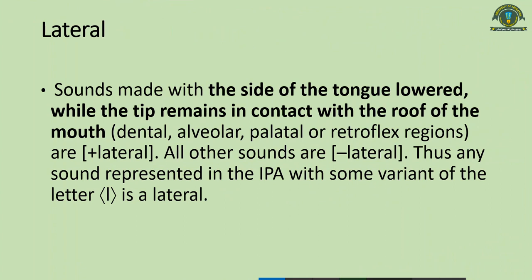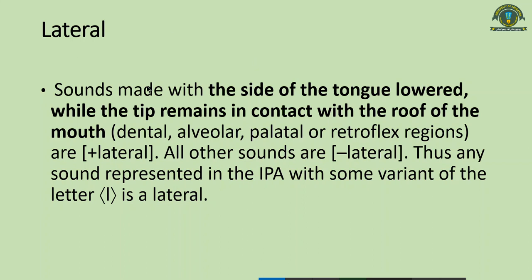Now laterals, you are very much familiar with this. Lateral sounds are made with the sides of the tongue lowered, while the tip remains in contact with the roof of the mouth. In English and Urdu, you have the l sound, which is lateral, and all other sounds are minus lateral.